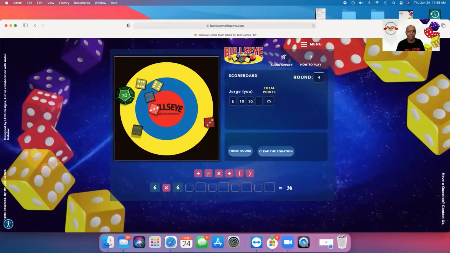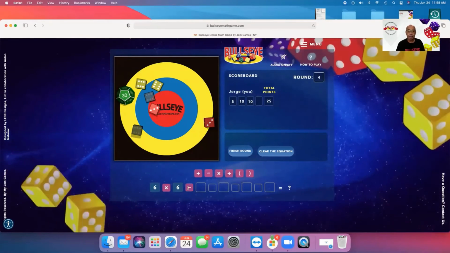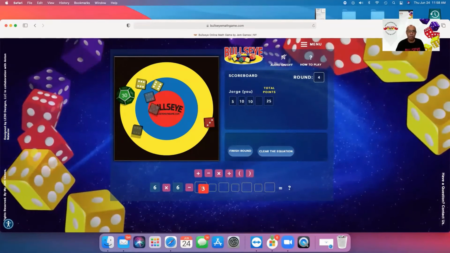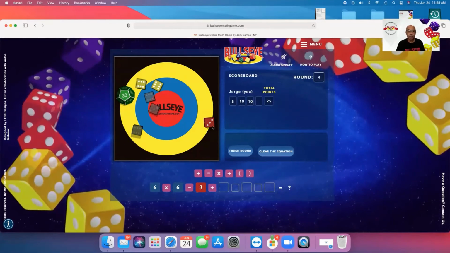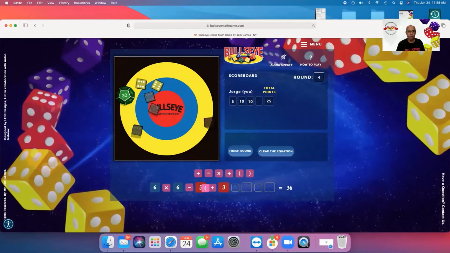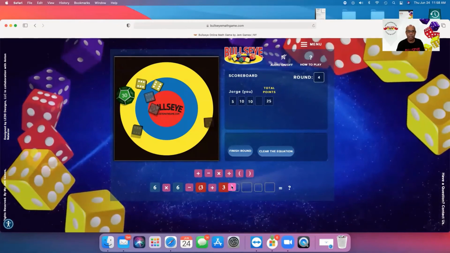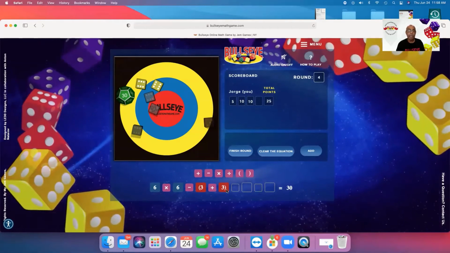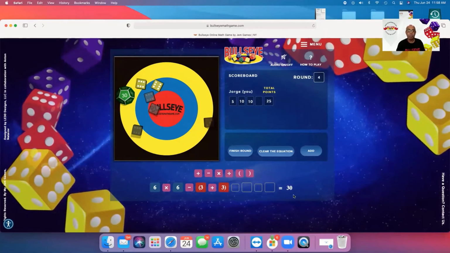And I would like to subtract that from 3 plus 3. I'm going to enclose 3 plus 3 in parentheses. And that gives me my bullseye number of 30.